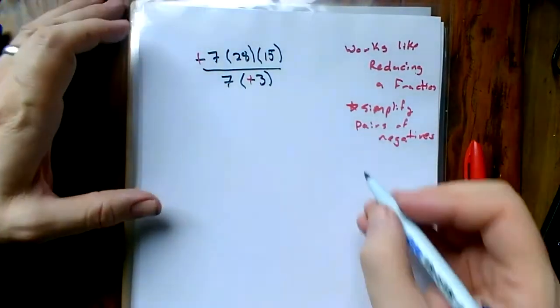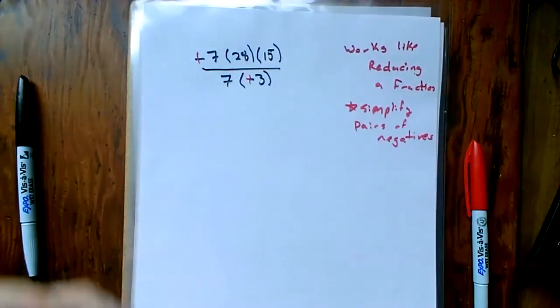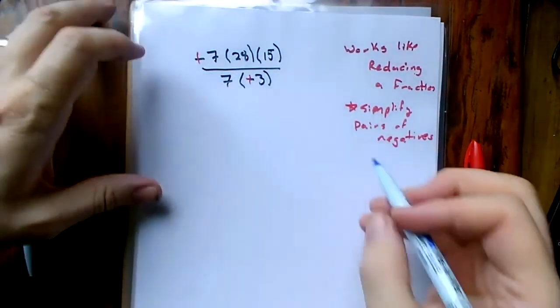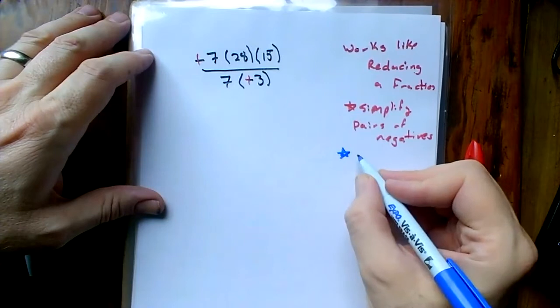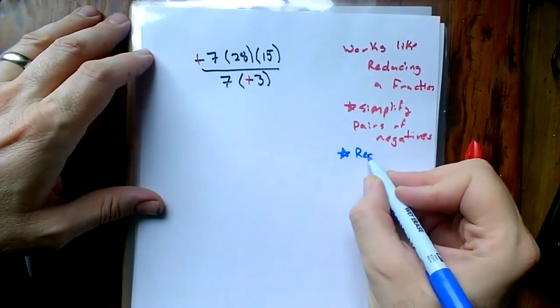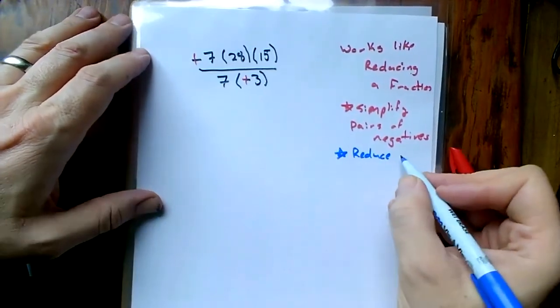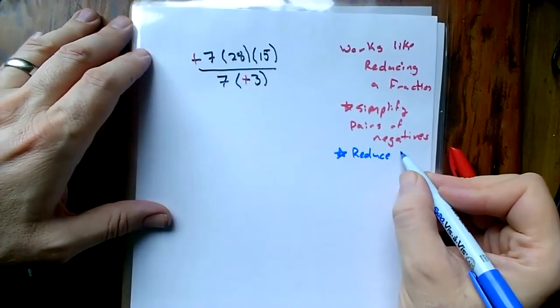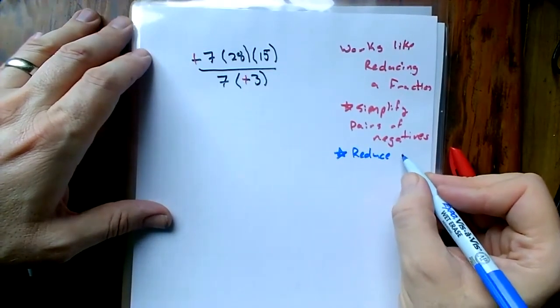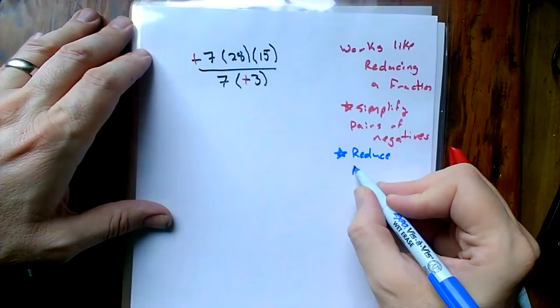Other things I can do is reduce this like a fraction, reducing the numerator and denominator.